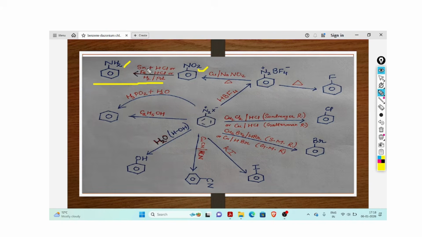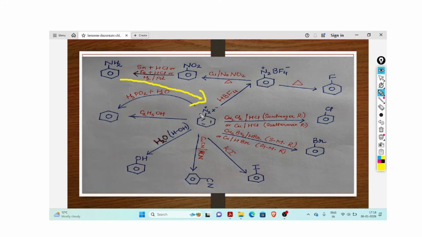So these are the reducing agents, because we are removing O, we are applying H. So Sn plus HCl, Fe plus HCl, H2/Pd or other reducing agents can be used to convert NO2 into NH2. So this is the conversion of nitrobenzene into aniline, and we can also convert our aniline back into our benzene diazonium salt, and the reaction is called the diazotization reaction.